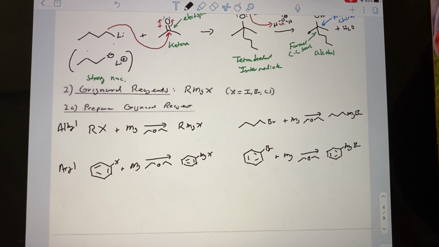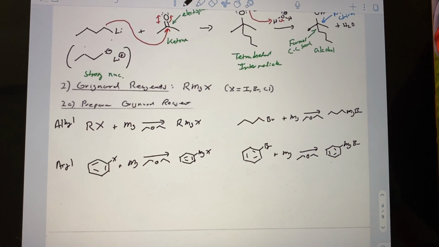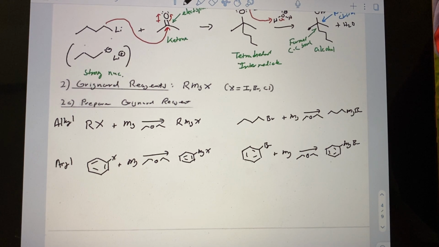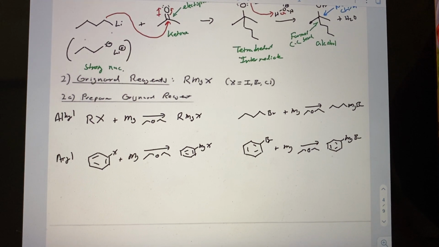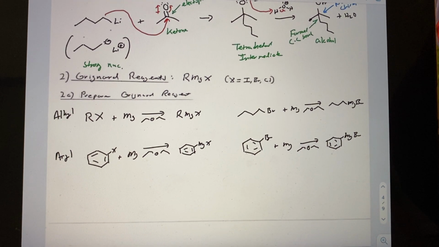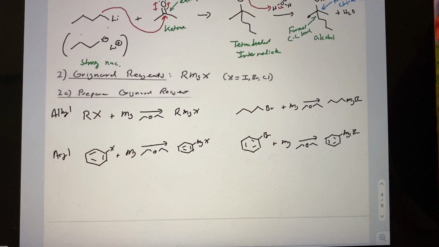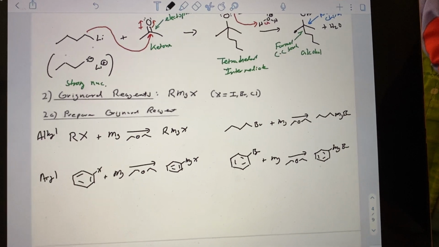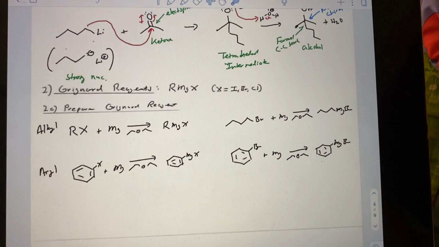So I hope you have the chance to do this in the lab and you're actually able to see each other in person and not through Zoom. It's a pretty exciting reaction to make. If you're looking for something to do, maybe you've already done this, but just look on YouTube for a Grignard reaction or making a Grignard reagent, and you'll see it's pretty exciting, but much more fun in person.